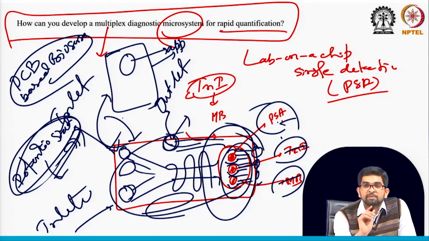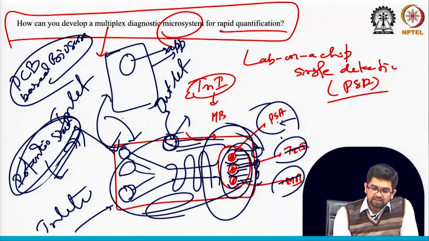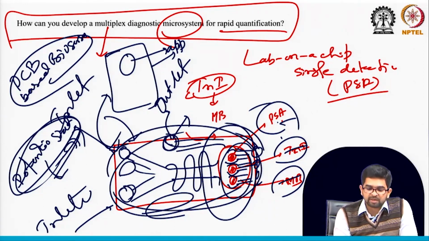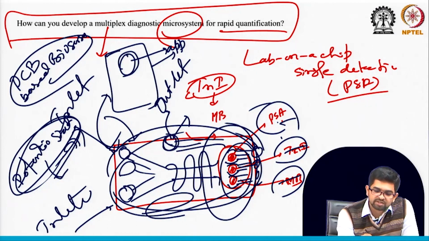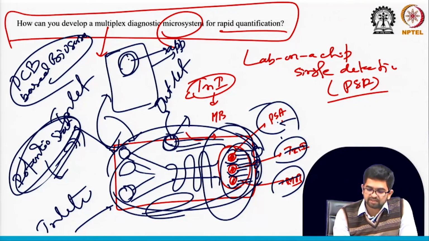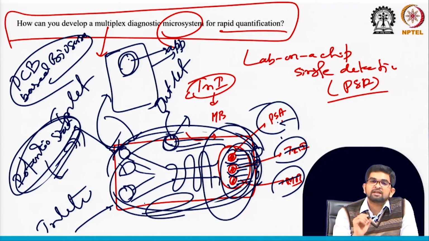So it is an IoT enabled biosensor. What happens? On the backside of this chip you have all the electronic parts, and via Bluetooth, by controlling the app, once you start, your chip will get the signal to run.